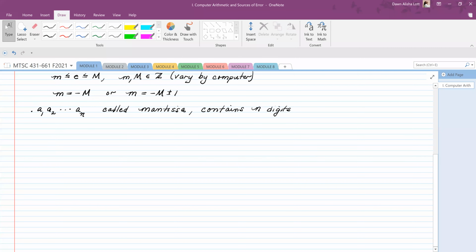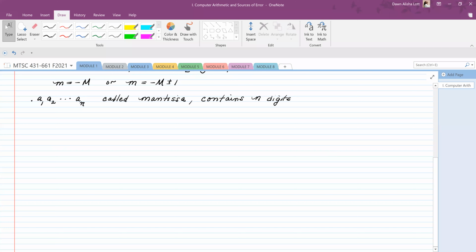And so that's what changes our precision of any calculation. Numbers containing more than n digits must be shortened.